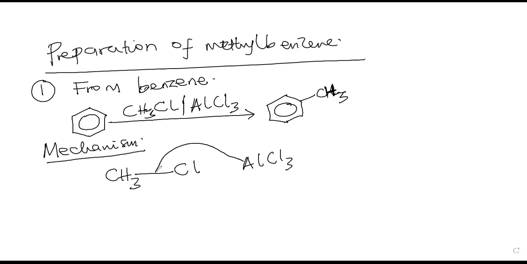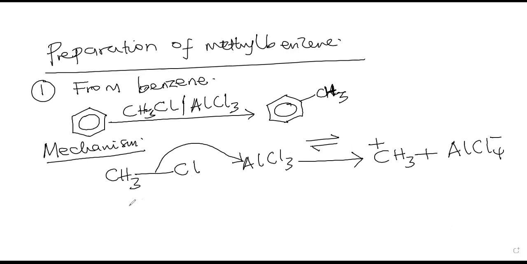You'll form CH3 plus, which is our electrophile, and then the aluminum chloride intermediate. But basically this one here, we can even accept the partial arrows. Anything you put is okay. So then now you have benzene, and then your electrophile CH3 with a plus.